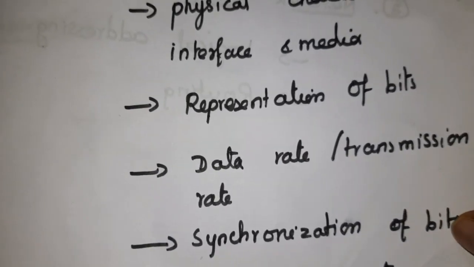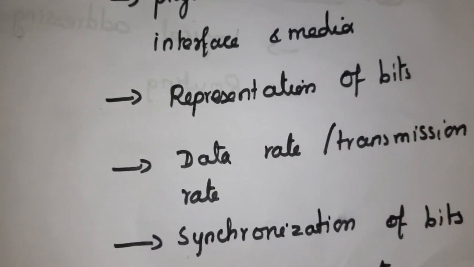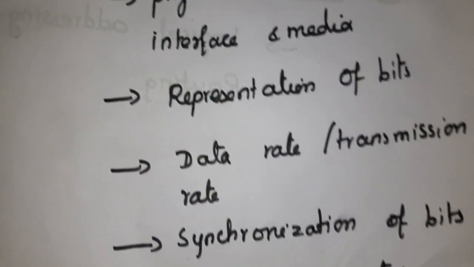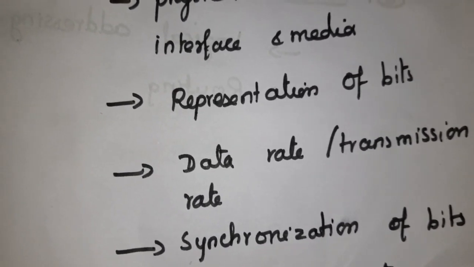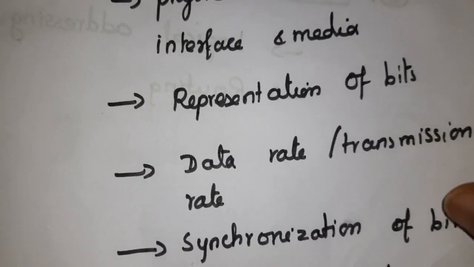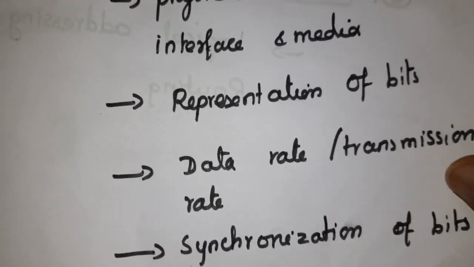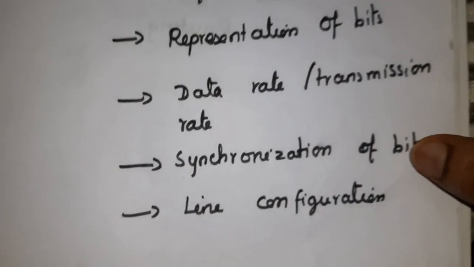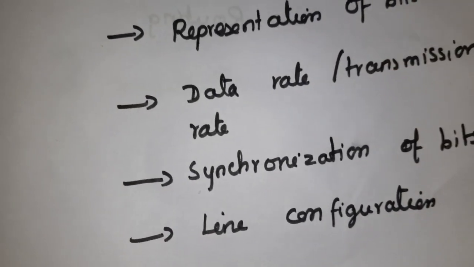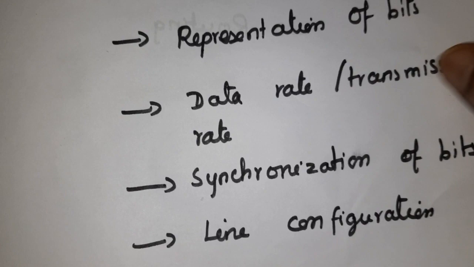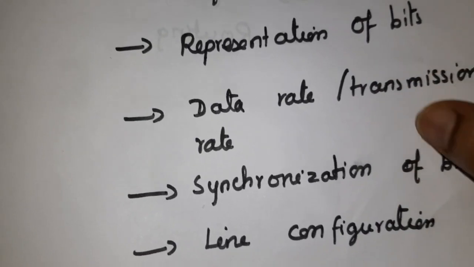Next is synchronization of bits. Sender and receiver must be synchronized so that the receiver can get the exact information from the sender. The sender and receiver are synchronized in this layer. Next is line configuration, how the line is configured to communicate between one device and another, and this configuration is done in this layer.